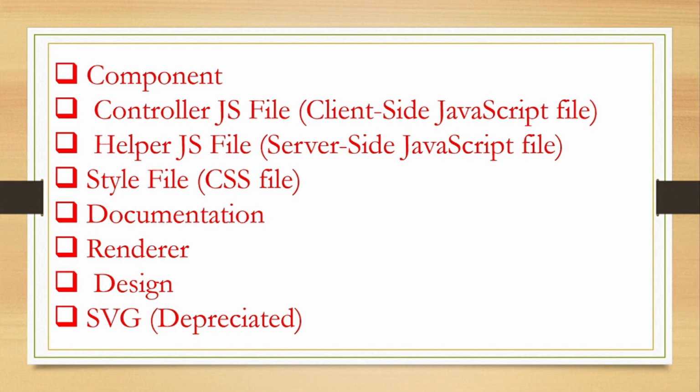These files are all created at a time when you create an Aura component. When you create an LWC component, only three files are created: the HTML file, the JS file, and the meta.xml file.